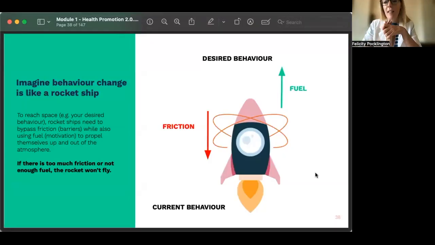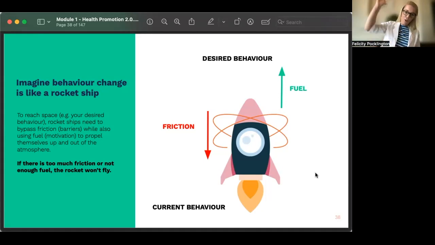So one of the really easy ways to think about behavioral science is to think like a rocket ship, as you can see on the slide here. So this rocket ship needs to launch into space. So imagine the rocket ship like a desired behavior. So for example, let's say our current behavior is lack of vaccination, and the desired behavior is improved vaccination.